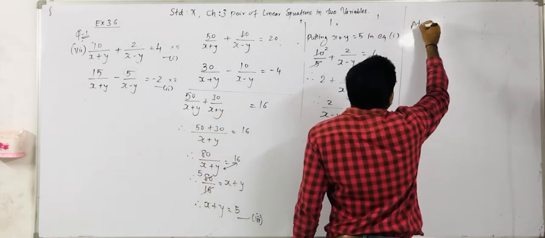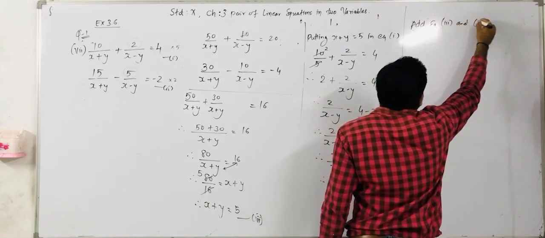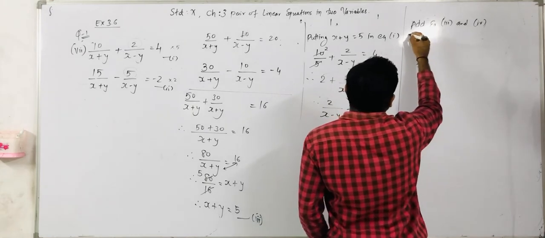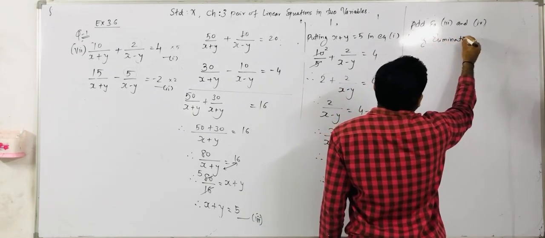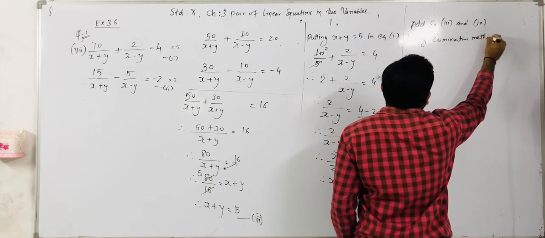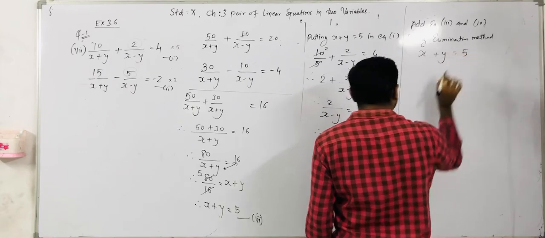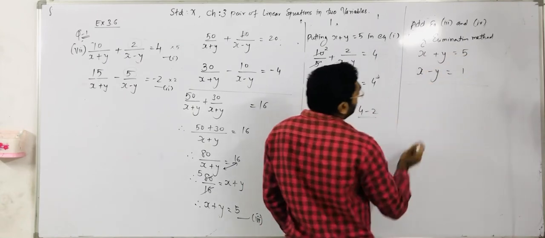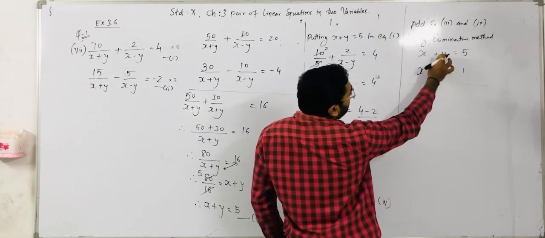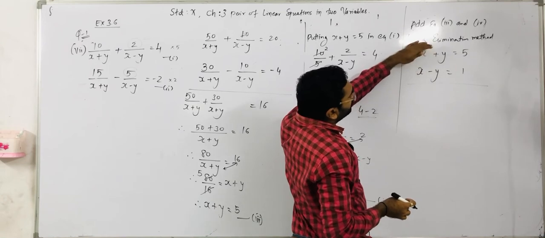So add equations 3 and 4: x plus y is equal to 5 and x minus y is equal to 1.